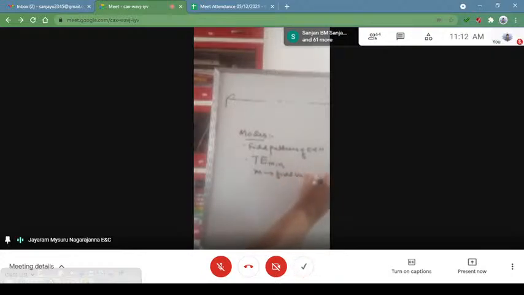That means the values of m and n will determine the order of the mode. m and n values can be 0, 1, 2, 3, etc.